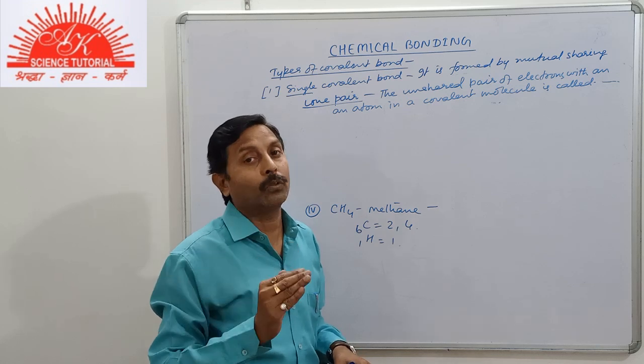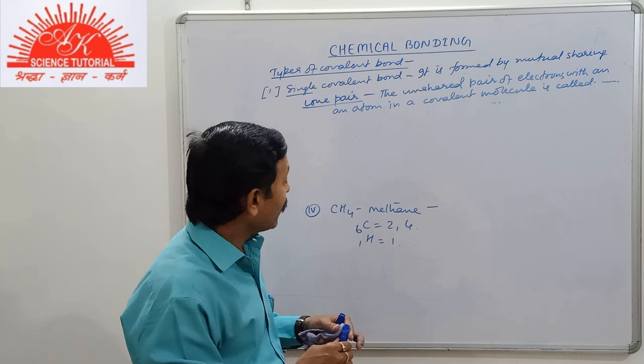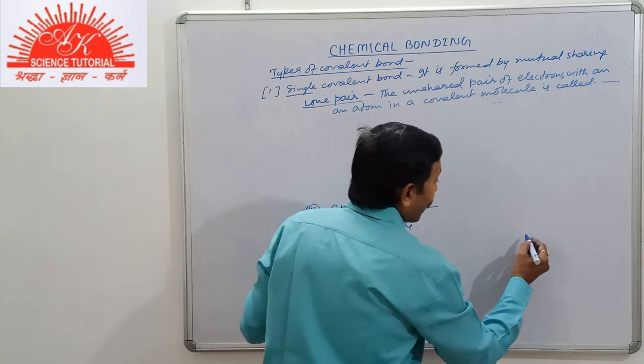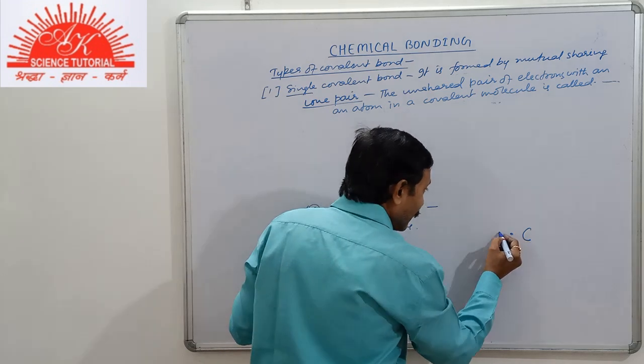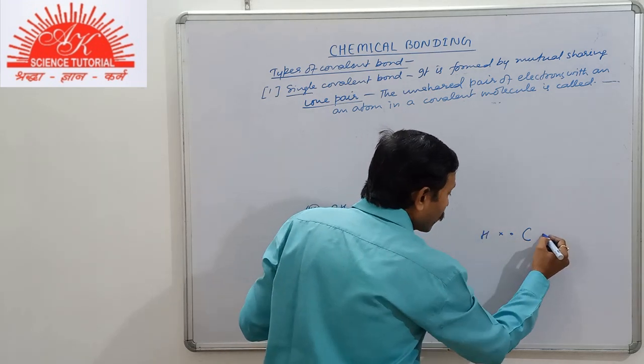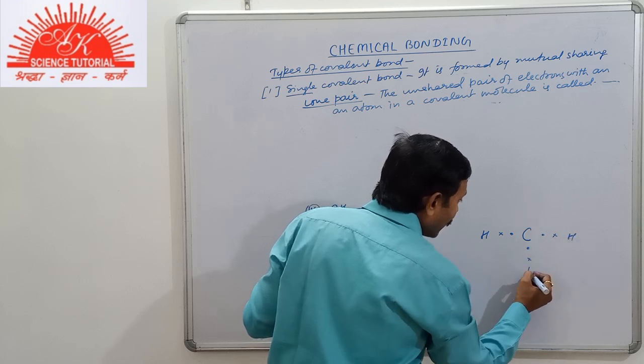Its valency is 4. But one hydrogen can share only 1 electron. So one atom of carbon shares 1 electron each with 4 hydrogen atoms.